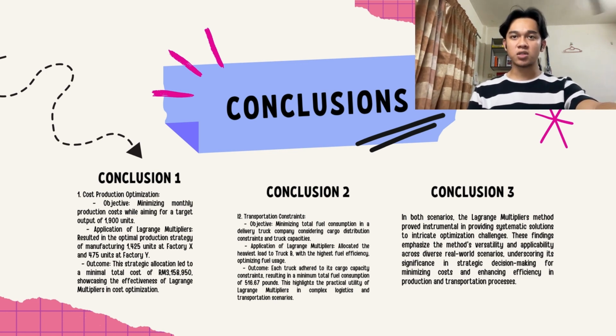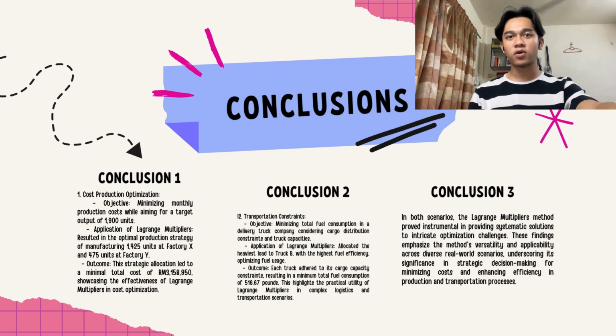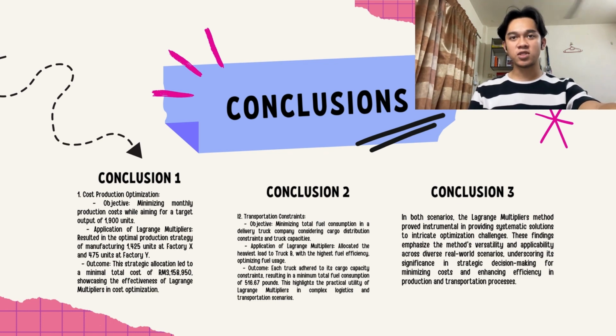In both scenarios, the Lagrange multiplier method proved instrumental in providing a systematic solution to intricate optimization challenges. This finding emphasizes the method's versatility and applicability across diverse real-world scenarios, underscoring its significance in strategic decision-making for minimizing costs and enhancing efficiency in production and transportation processes. That's all from me.